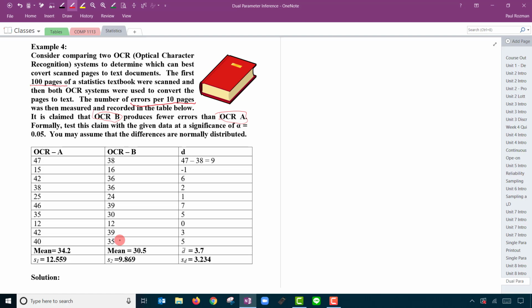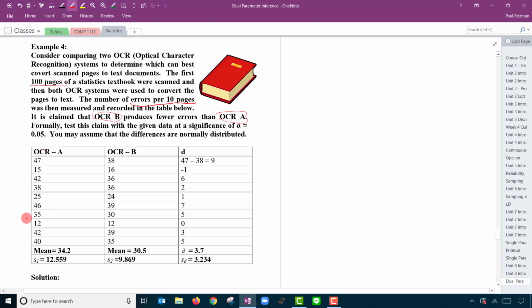I have that first 10 pages scanned, and I evaluate it with A, and then I evaluate that same image with B. So the errors are dependent upon that. It's not like I used one stats book for A, and then a chemistry book for B. I used the same book, the same image to compare them both, and therefore we have this dependence.